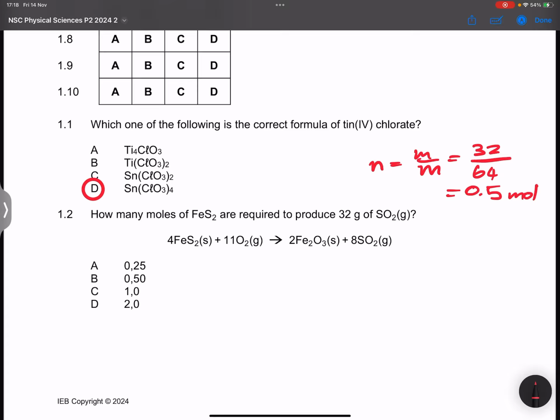But in this case, we were looking for the number of moles of iron sulfide. And look at this. For every 8 sulfur dioxide that are produced, there's 4 iron sulfides that are used. So for every 4 iron sulfide, we get 8 sulfur dioxide.